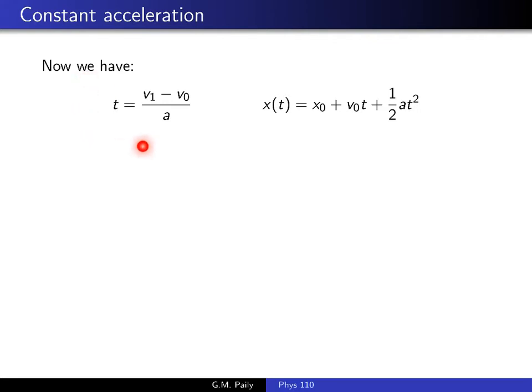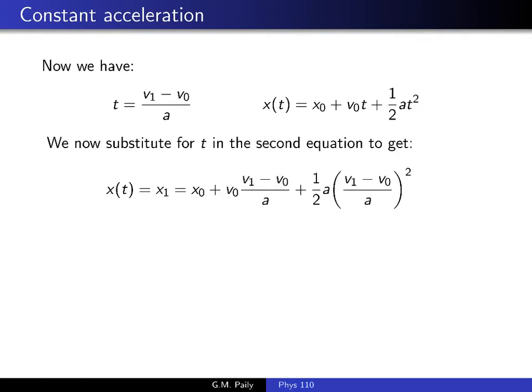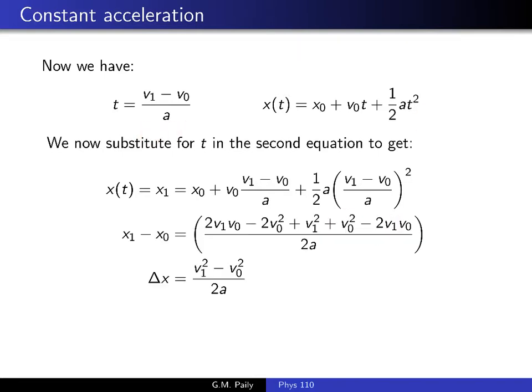So now our first equation has been replaced by this expression, and we have our second equation. We can now take this expression for t and plug it in here. And so x0, v0 times t, t being replaced by this, and then 1/2 a t squared, t squared being replaced by this.